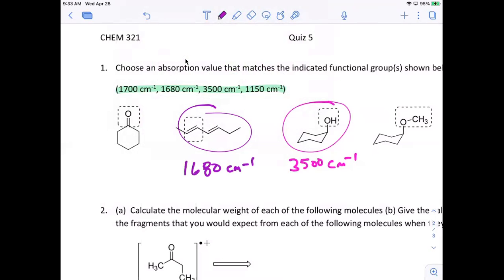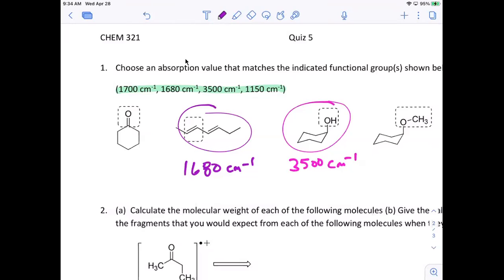Where would the carbonyl be? See, they're both pi bonds, right? So they're going to absorb in the same area. So if the alkene is at 1680, then just logically, the carbonyl is going to be in that same range. All of your carbonyls, ketones, esters, amides, aldehydes, they all absorb somewhere between 1700 and 1800.